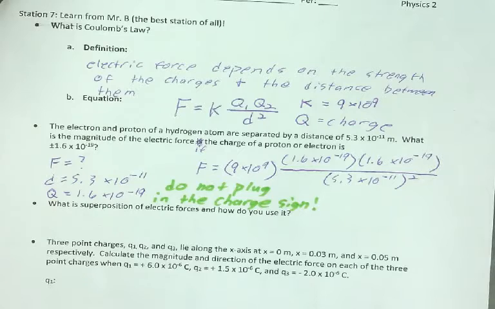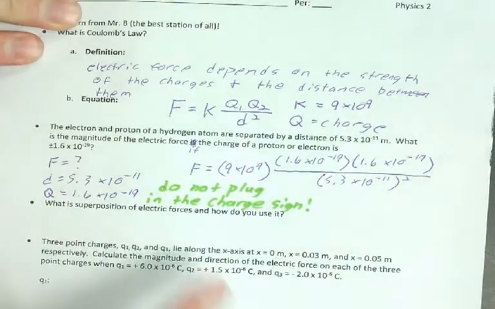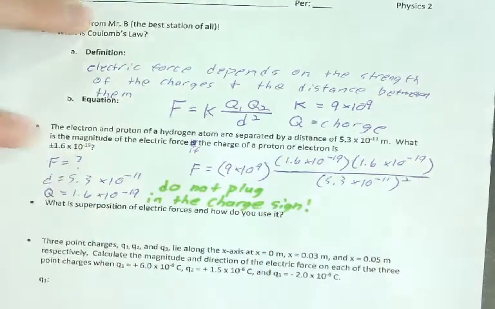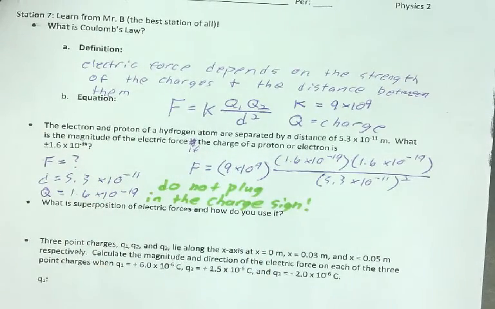I made them both 1.6. Don't plug in a negative sign for the 1.6. There is no direction with this. When an electron is a negative charge, that's not a direction. We can only plug in directions. So don't plug in a negative there.